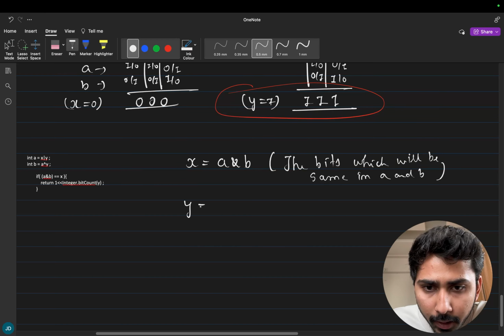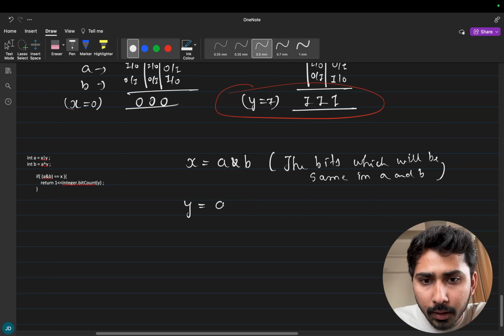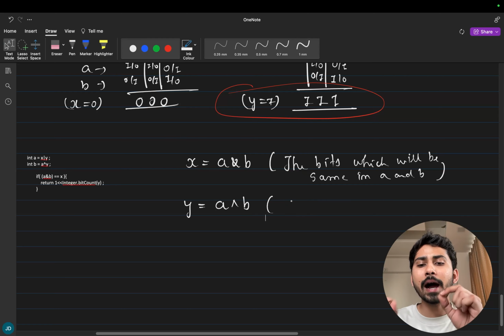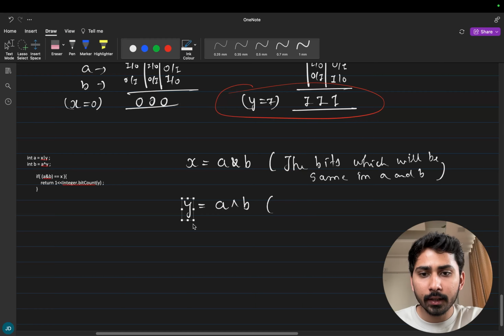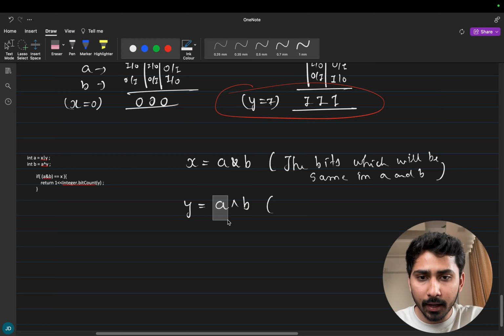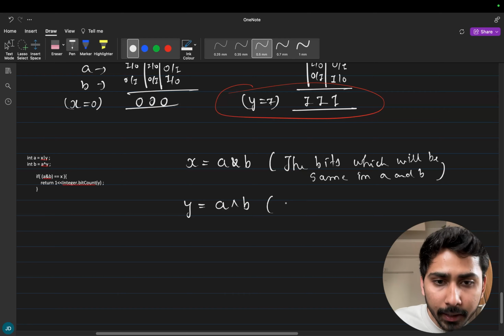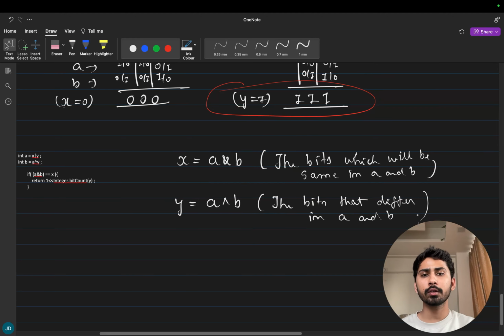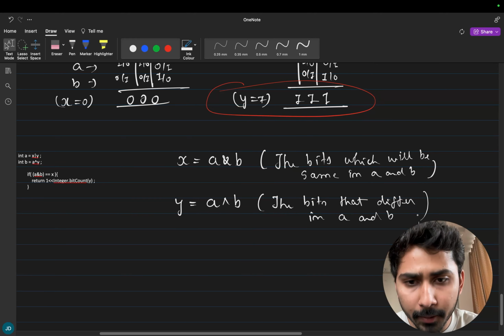Similarly, y is equal to a XOR b. So it gives you an idea: if the ith bit is set in y, then that ith bit may be set in a and unset in b, or vice versa. Right? So it gives you an idea about the bits that differ in a and b.